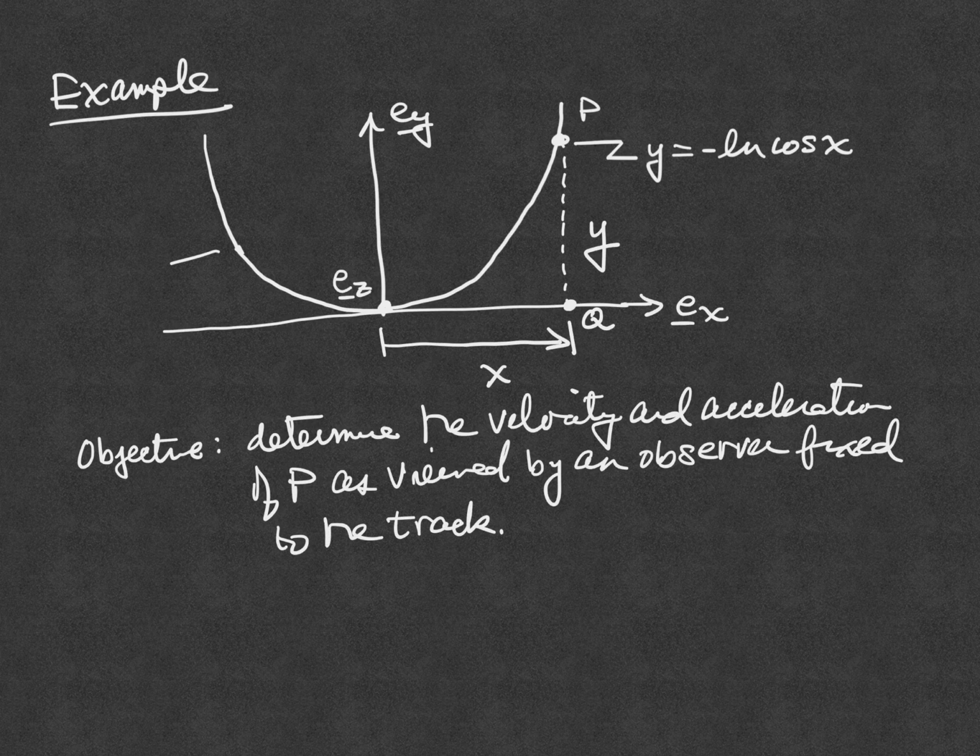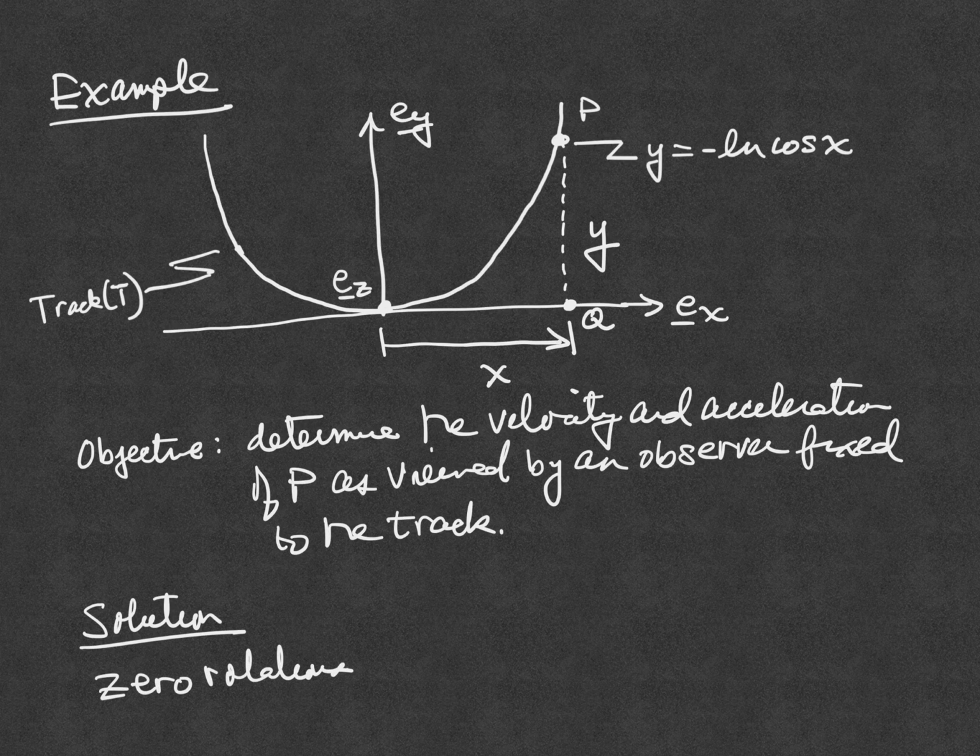And again, here's the track. This is what I'm going to call the track, which is going to be denoted T. Now, in order to be able to solve this problem, you notice that there are no rotations. So there are zero rotations, which implies we need one reference frame.